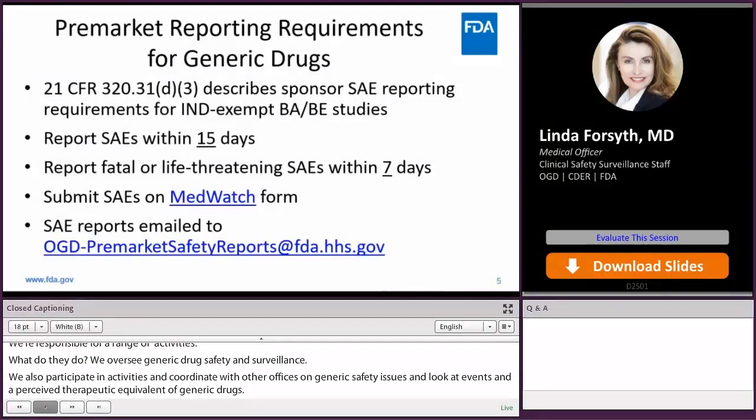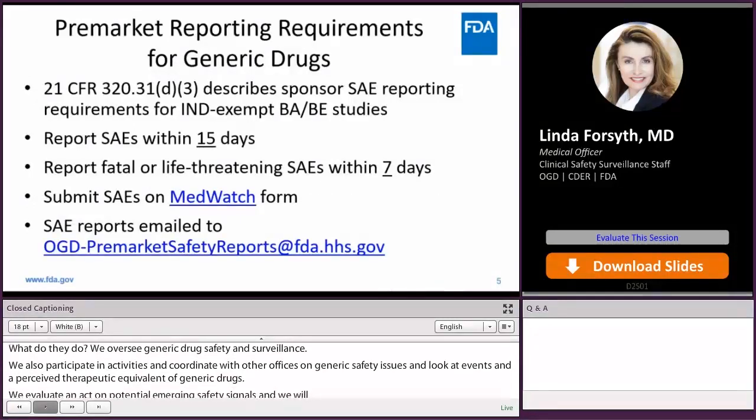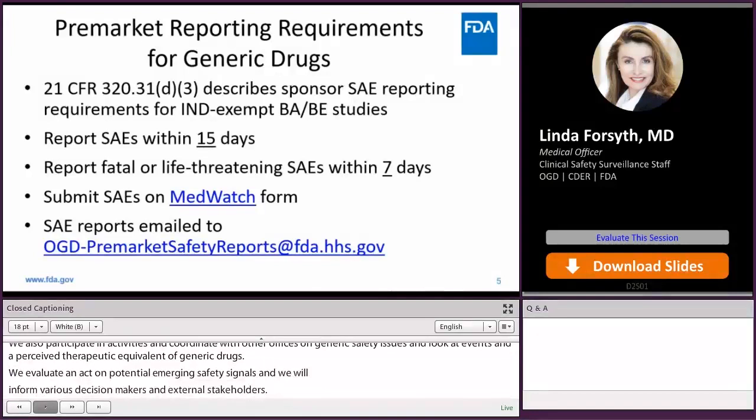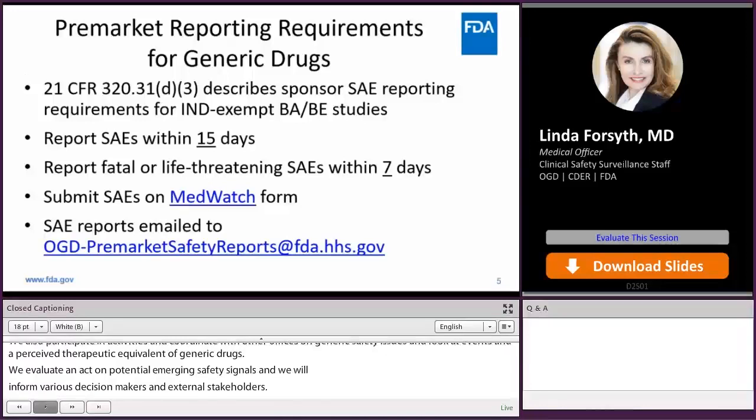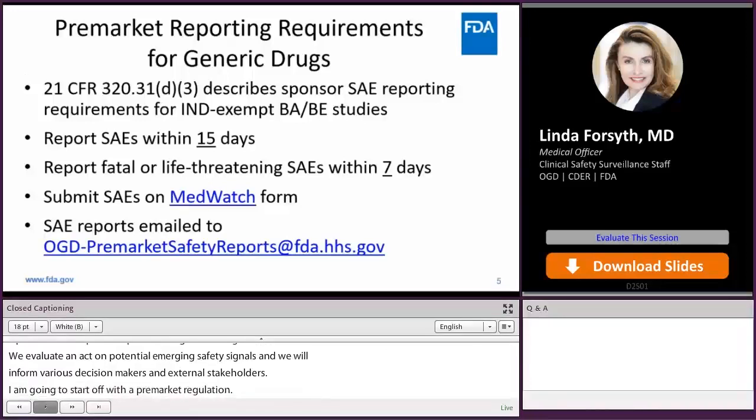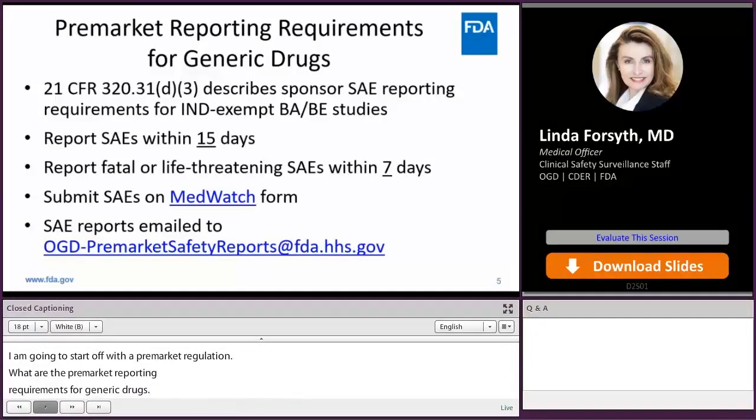I'm going to start off with the pre-market regulations. So what are the pre-market reporting requirements for generic drugs? Title 21 Code of Federal Regulations Part 320.31(d)(3) describes the requirements sponsors have for reporting pre-market SAEs for generics for bioavailability and bioequivalence IND-exempt studies.